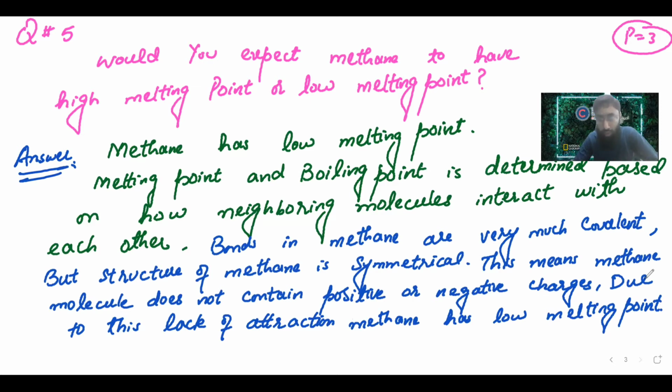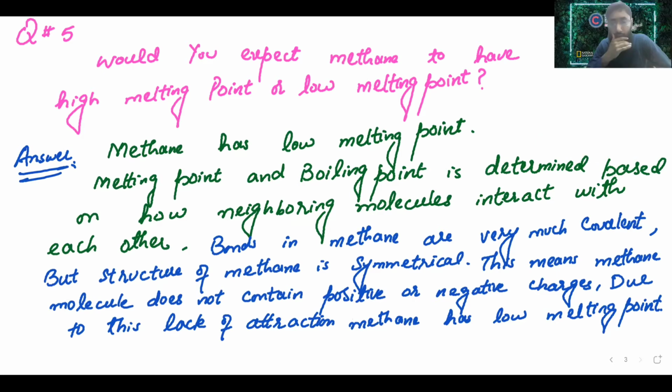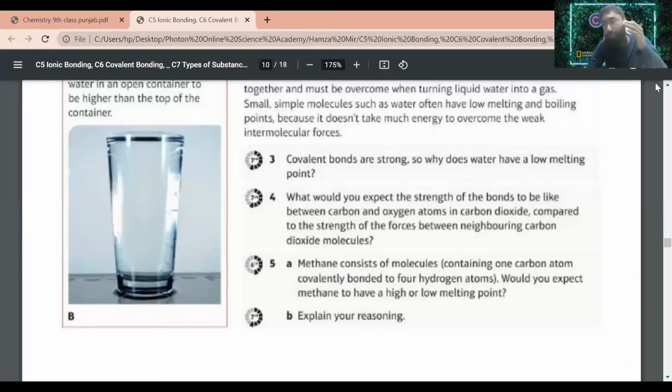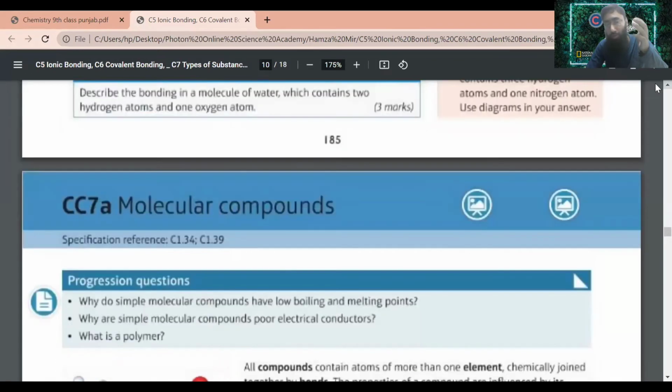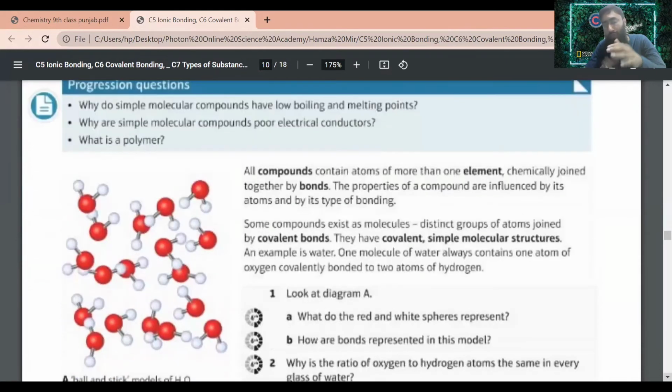Okay, I hope you got my point. So up till here we discussed the melting and boiling points of molecular compounds. We have discussed what a molecular compound is, what a simple molecular structure is, and how covalent bonds are there in different molecular structures.